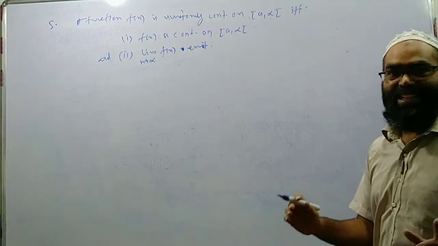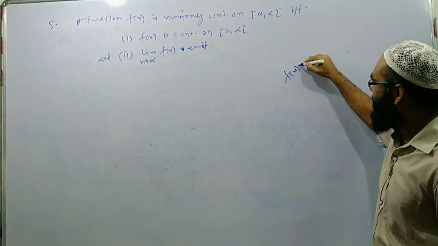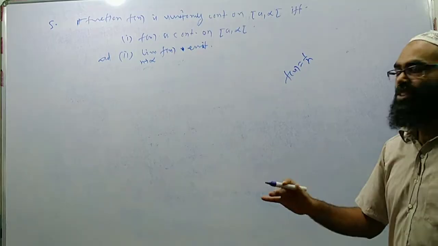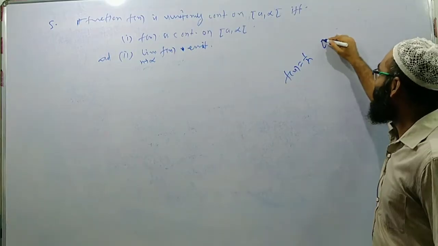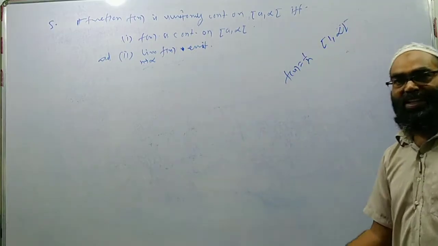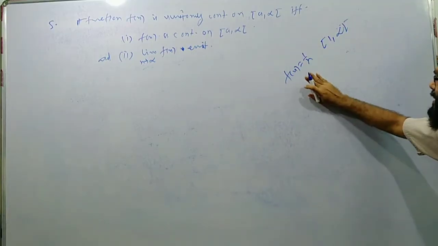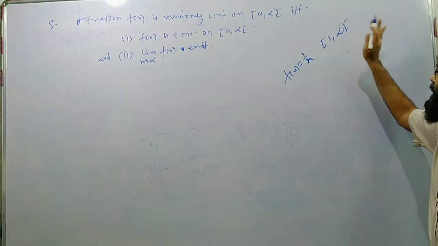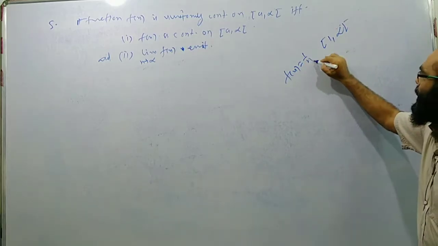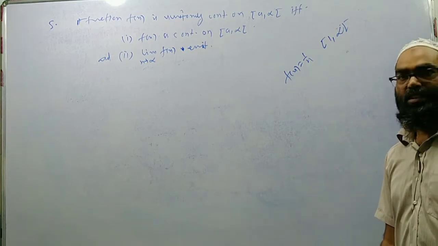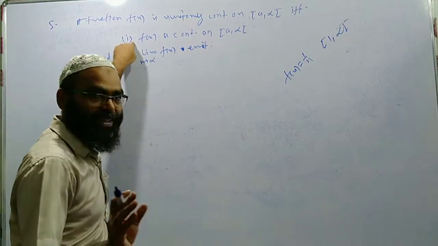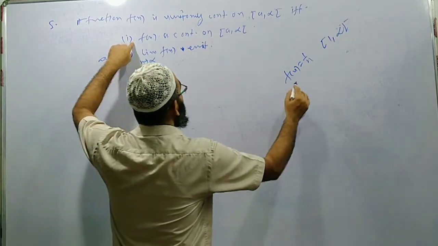Now observe that the function f(x) equal to 1 by x becomes uniformly continuous on the interval (1, infinity). Applying this technique, we can conclude that the function f(x) equal to 1 by x is uniformly continuous on this interval, because condition number 1 is satisfied, since this is continuous.